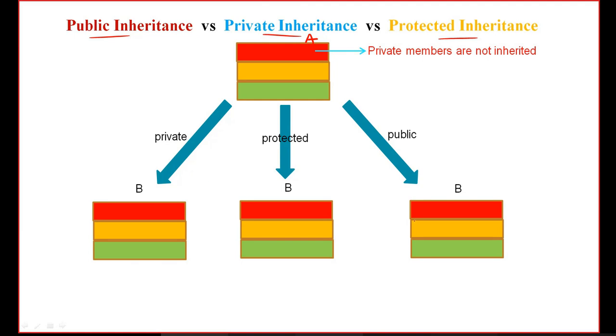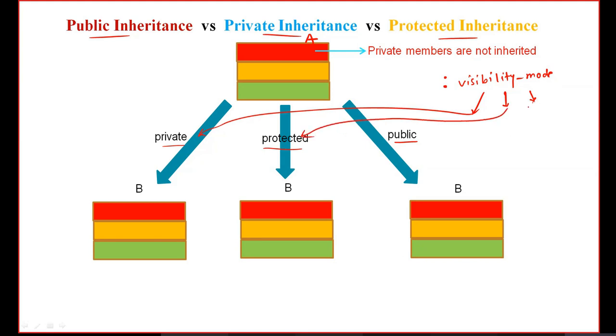After the colon, what do I have to mention? The visibility mode. And what are the options for me? These three: either a private inheritance, or a protected inheritance, or a public inheritance.